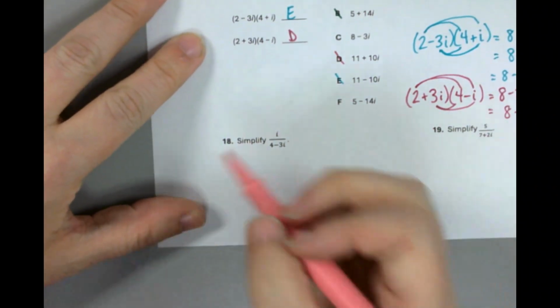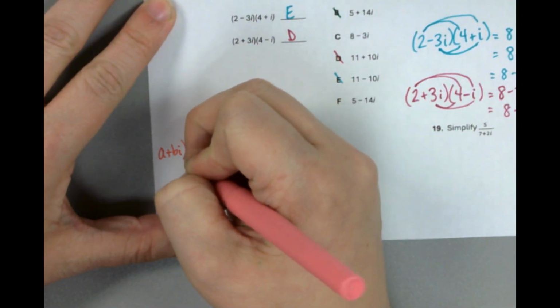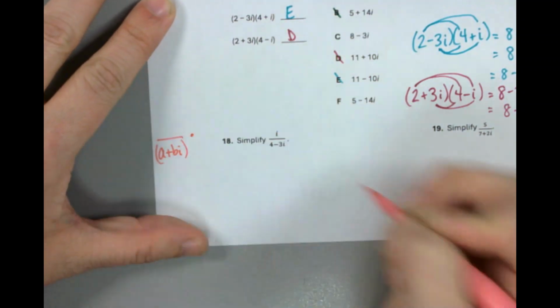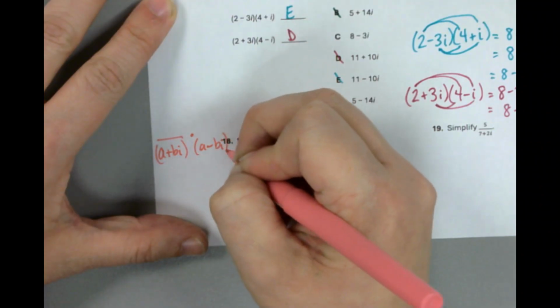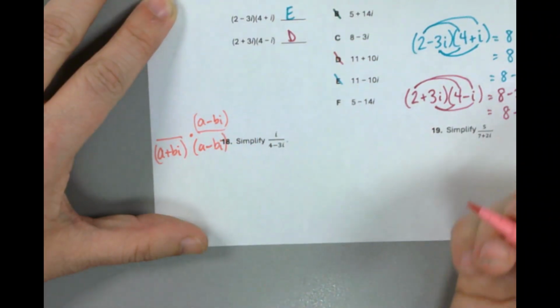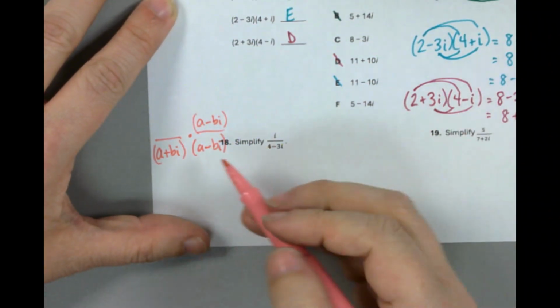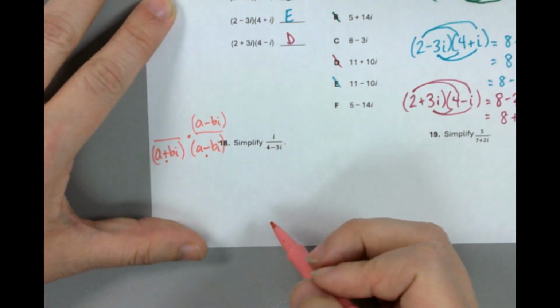Basically, it means if we have a plus bi on the bottom, we have to multiply by a minus bi on both sides, because that way we don't mess up our fraction. So a plus bi, a minus bi. That is what we're doing.